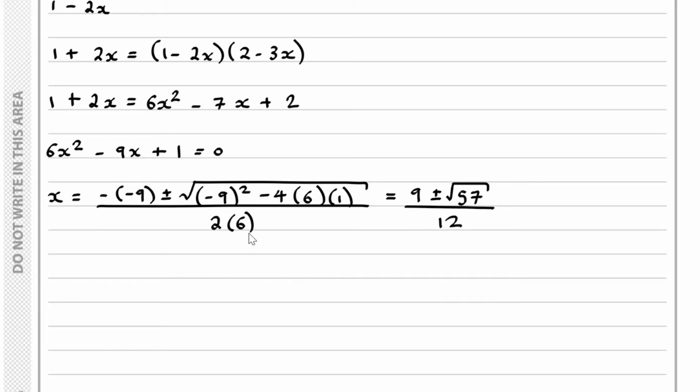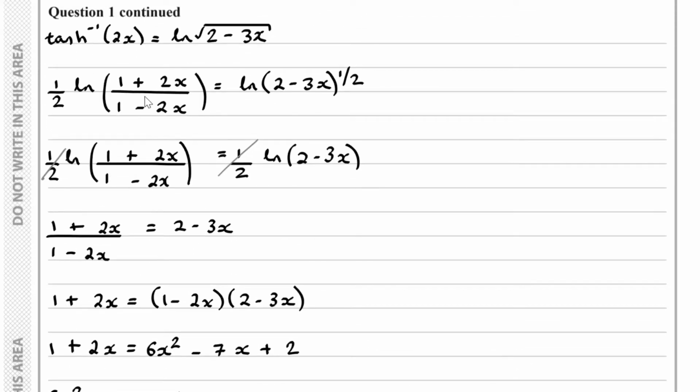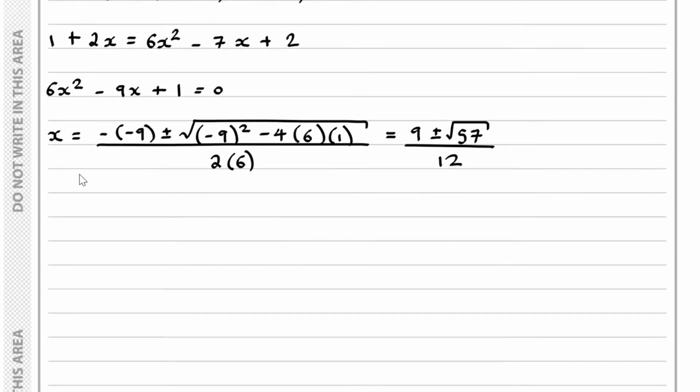Okay? And if we take a look at what values of x this thing on the left is valid for, that's valid for x being in between minus 1/2 and 1/2. Okay?